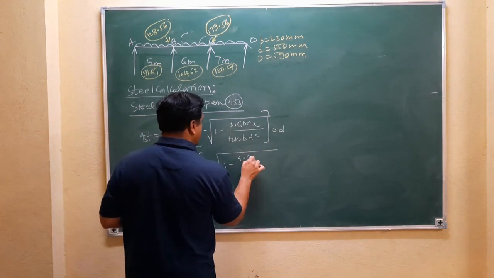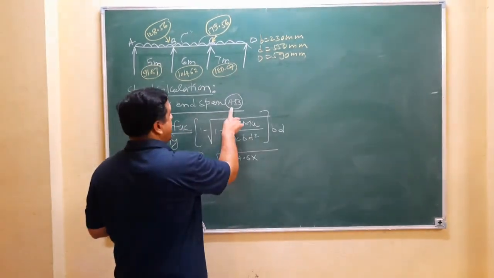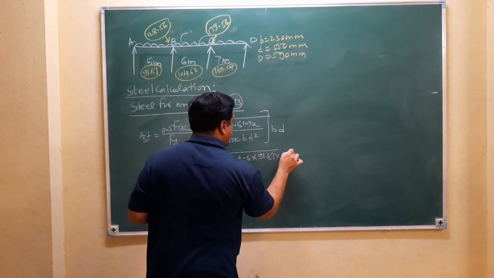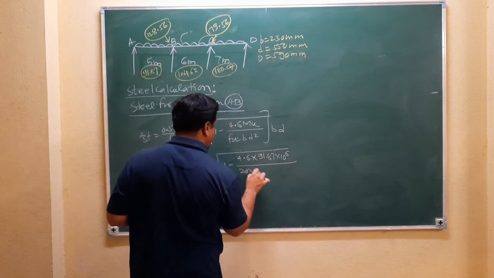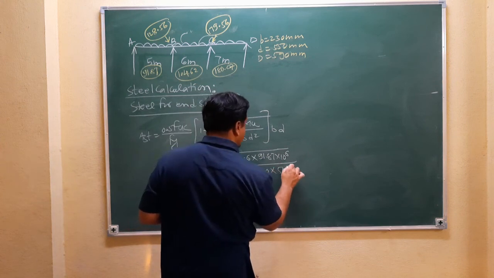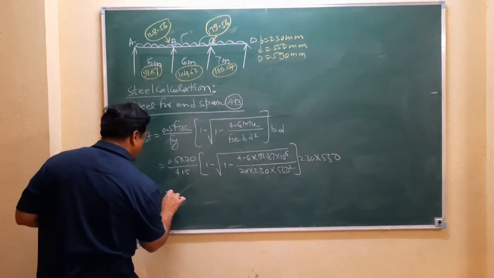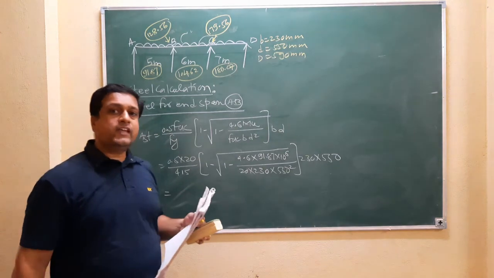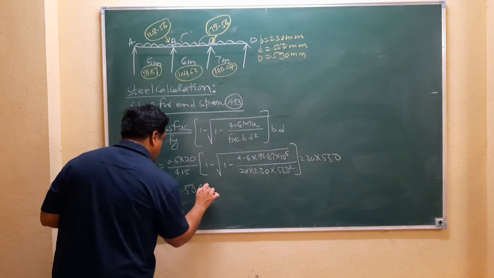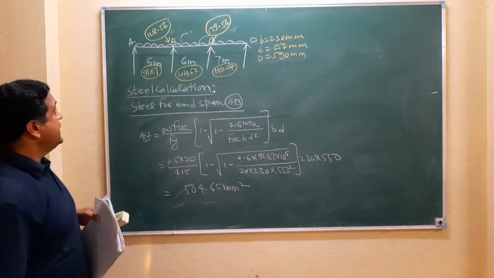You have to put the bending moment for end span AB, 91.87 into 10 raised to 6, divided by fck 20, width 230 and depth 550 squared, into 230 into 550. Already I have calculated this value to save time. That is 504.65 mm square, the steel at end span AB.